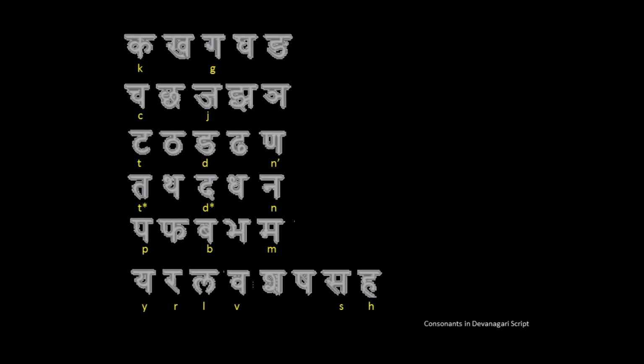The consonants are K, G, C, J, T, D, N, M, P, B, Y, R, L, V, S, and H, with a few formations of them. Note the absence of letters F, Q, W, X, and Z. These are rarely used in traditional Indian names.